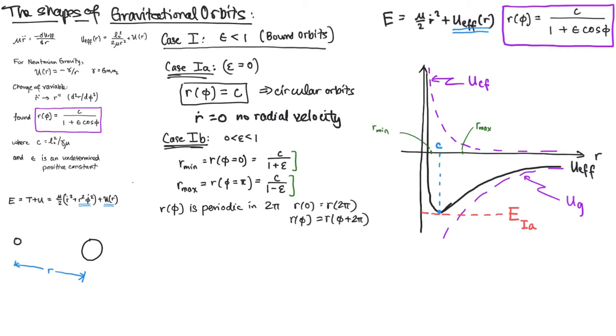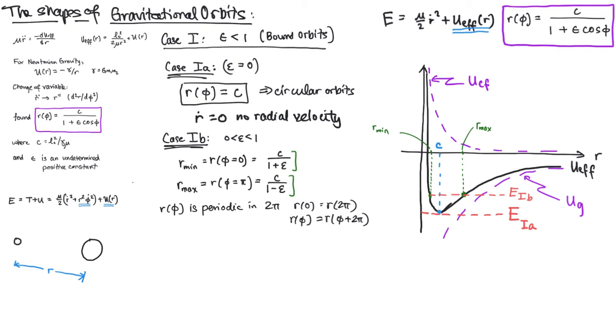And so we can see at those two positions, r dot will be 0. The total energy of the system will just equal the effective potential. So I'll call this the energy associated with case 1b. And so what we see is that generally there's going to be some kinetic energy because the effective potential is less than the red line in this region.